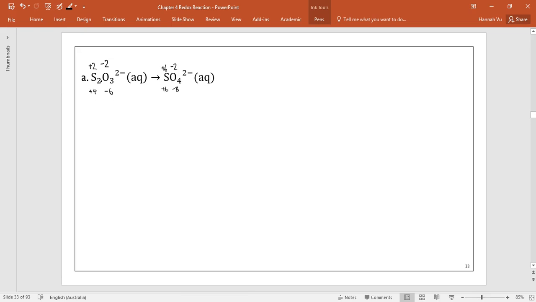So there is an increase in oxidation number for sulfur. There is no change in the oxidation number of oxygen, which means that you can assume that sulfur is your key element. The other thing to keep in mind is that because there is an increase in oxidation number, this is oxidation and there must be a loss of electrons.